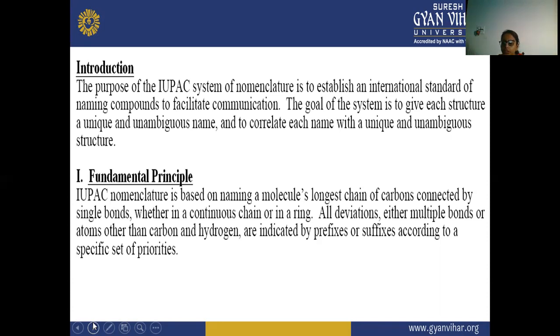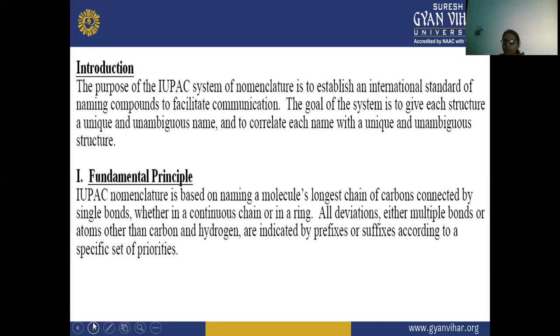Here we are establishing an international standard, so that if we are naming a particular compound, and we go somewhere else in a different country and name it there, if the system was different, then we could not understand the compound name.